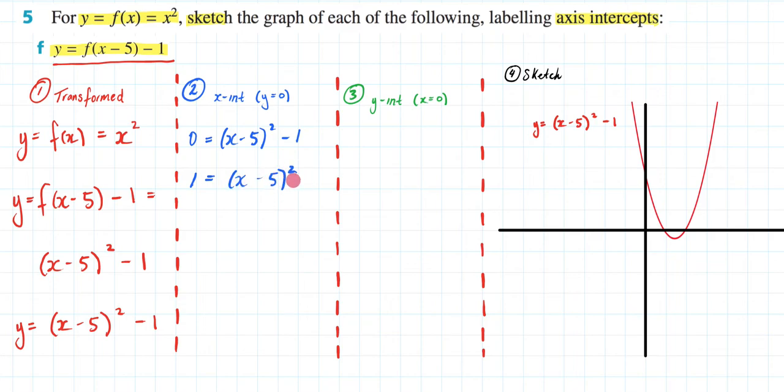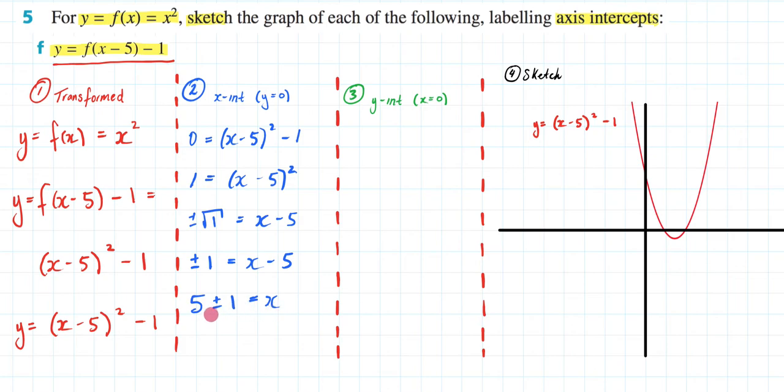I now want to get rid of this square, so I will square root it. So I'm going to get plus or minus the square root of 1 equals x minus 5. And then the square root of 1 is just 1, so I'm going to get plus or minus 1 equals x minus 5. And then finally, I'm going to plus 5 to both sides. So I'm going to get 5 plus or minus 1 equals x.